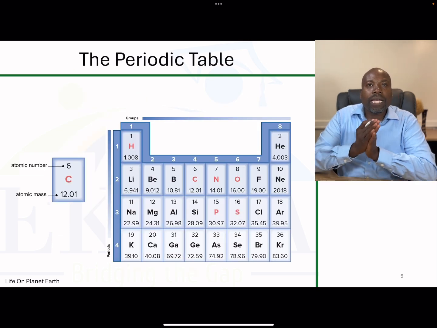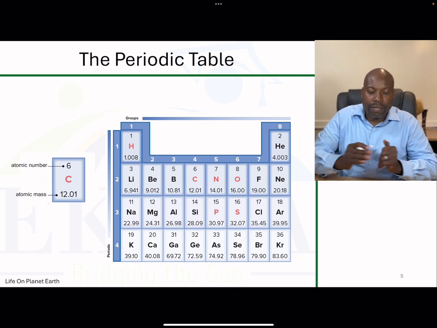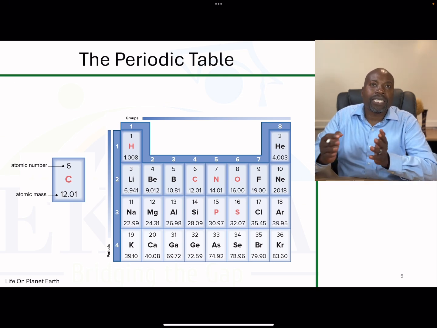Now, we organize elements in a table that we call the periodic table.